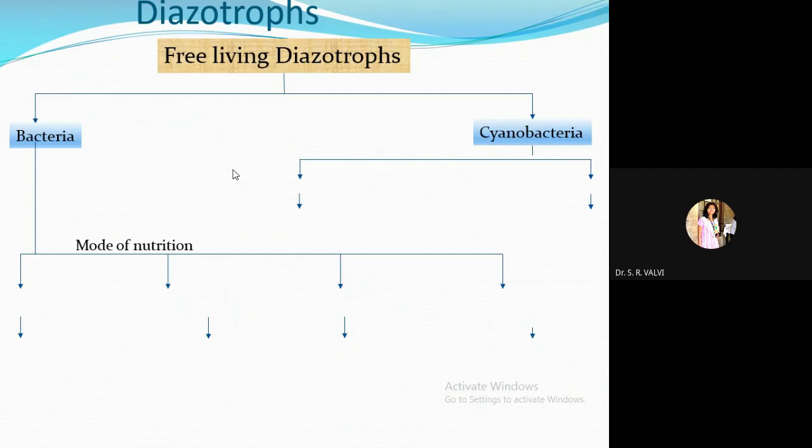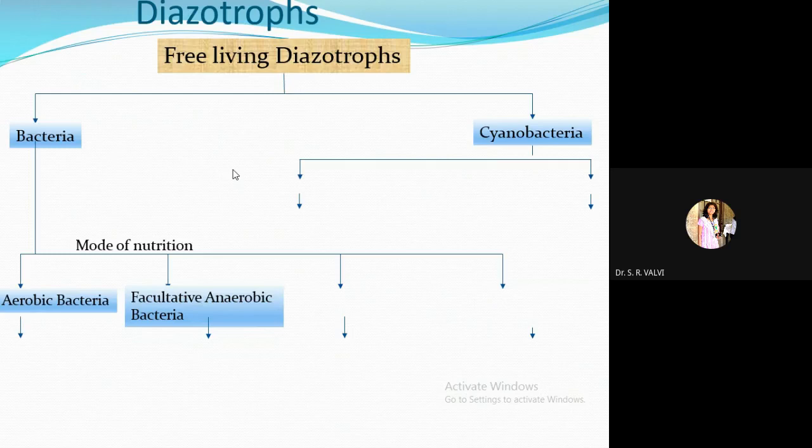green algae. Now, according to the mode of nutrition, bacteria are again divided into four types. Which are those? First is aerobic bacteria. Aerobic bacteria is nothing but the bacteria which require oxygen for their life cycle or for their survival. Such bacteria are called aerobic bacteria. Second type, facultative anaerobic bacteria.